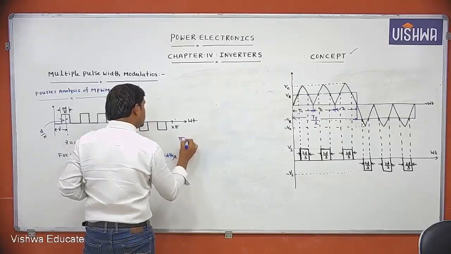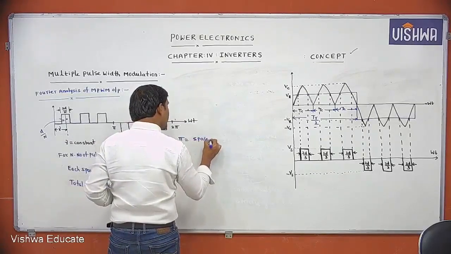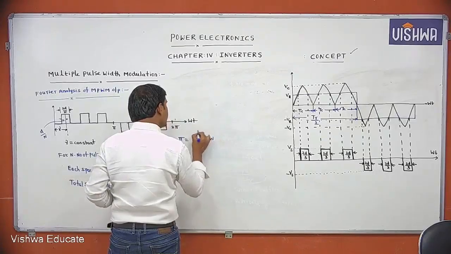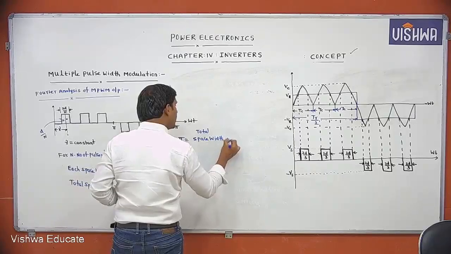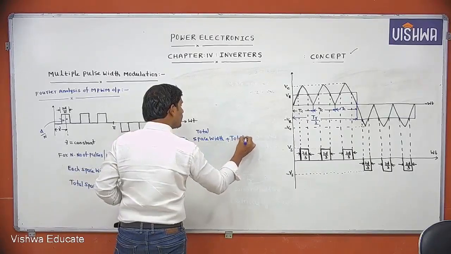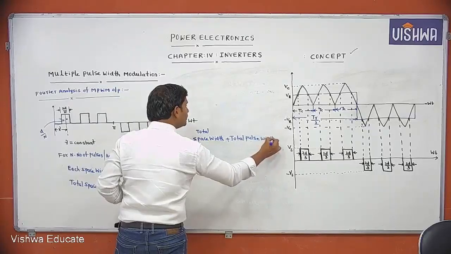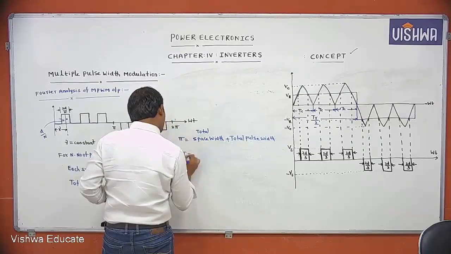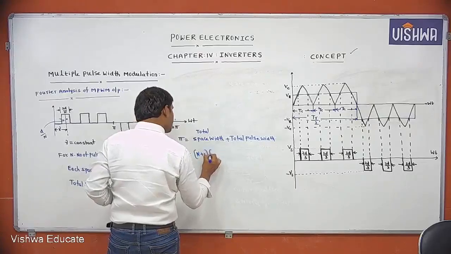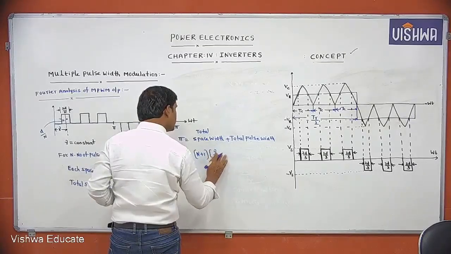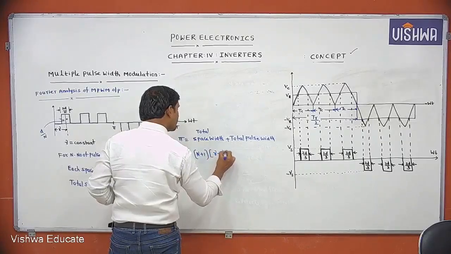Pi equals total space width plus total pulse width. All this gives the pi. What is the total space width? N plus 1 into gamma minus d by n. Gamma is constant.